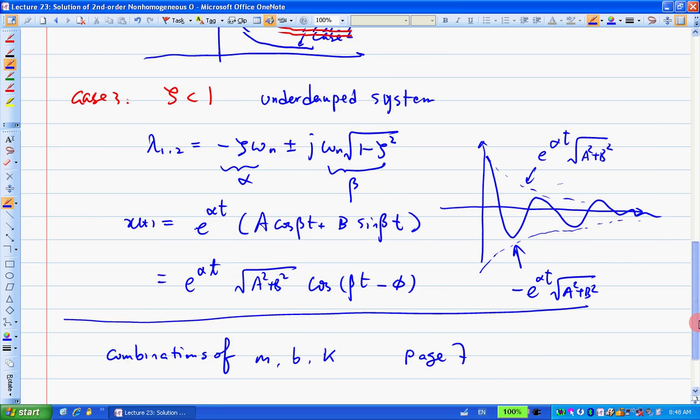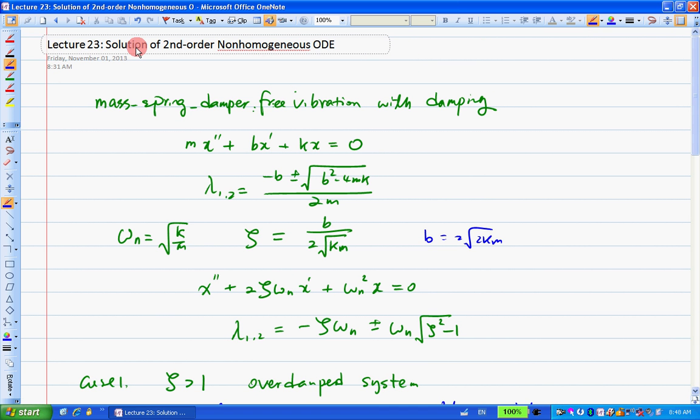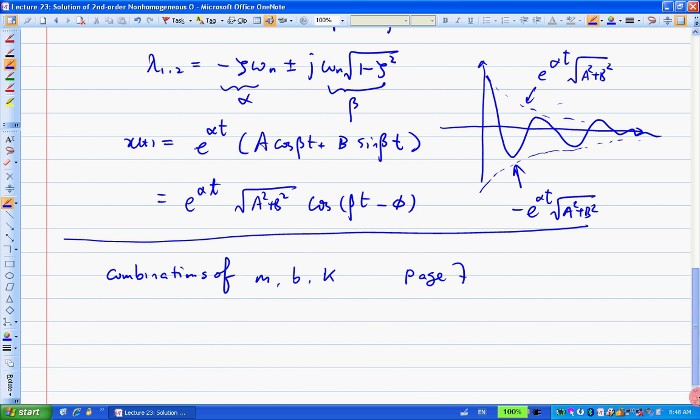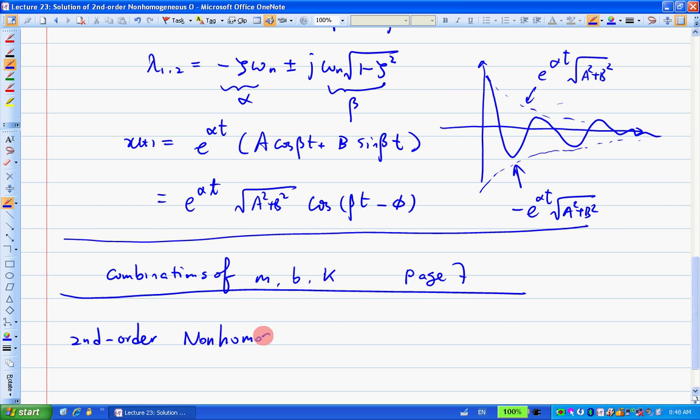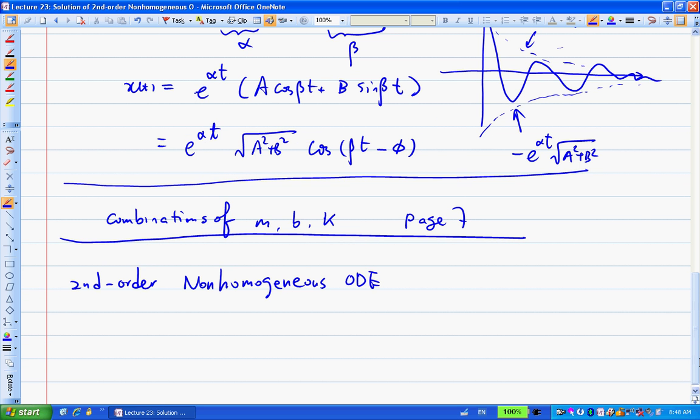Okay. So now let's get on to a new topic here, which is the solution of second order non-homogeneous ODE. Non-homogeneous basically means that instead of having no input, now you have input into the system, right?